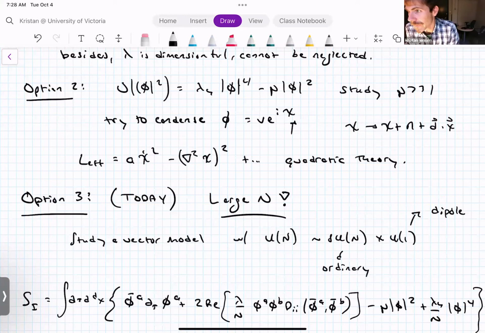In other words, that leads to a finite number of solutions to these large N equations. It's like the dimensionless version of the volume of this Brillouin zone, counting how many different lattice momenta you have. And there's as many lattice momenta as there are sites on the lattice. And so the symmetry factor that we need, how many different large N solutions are there? It's really just the number of sites on the lattice.